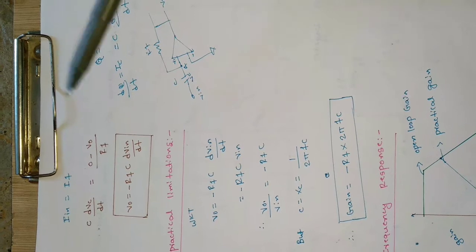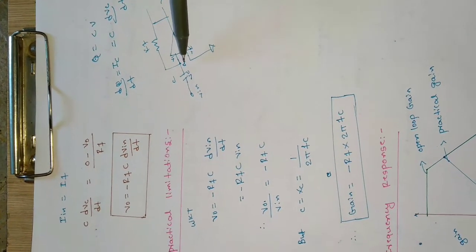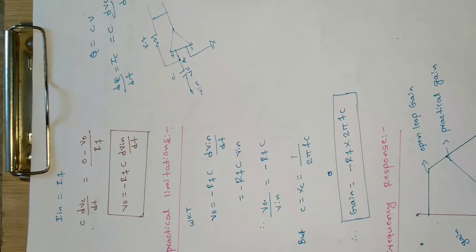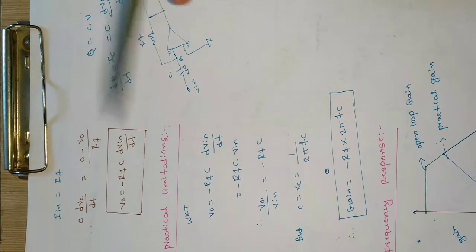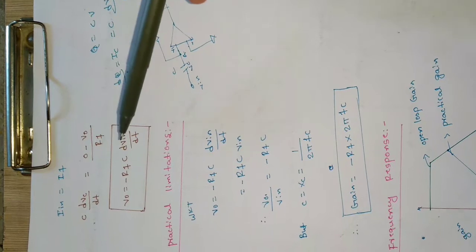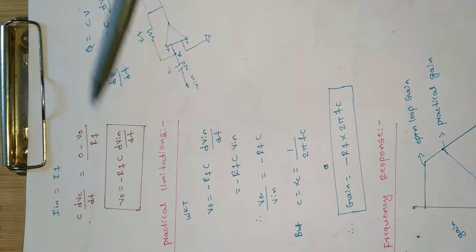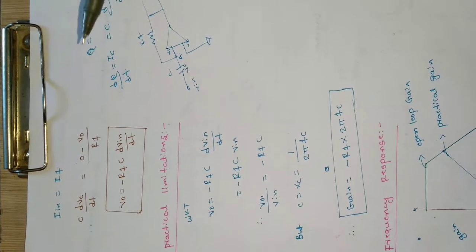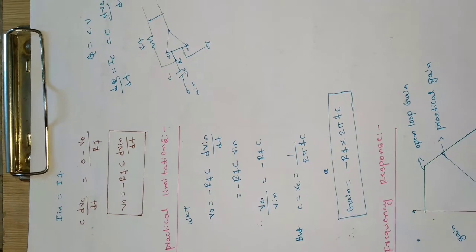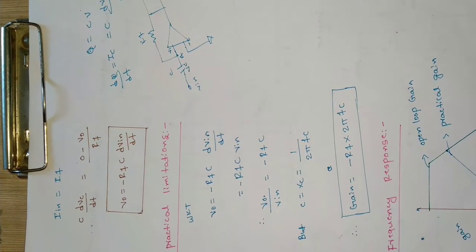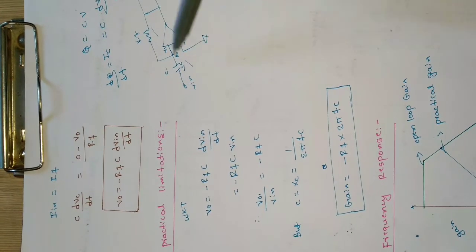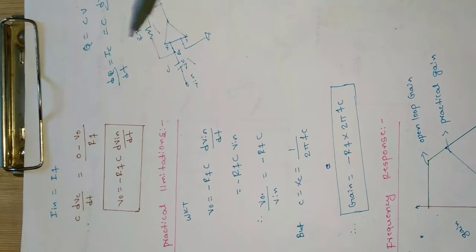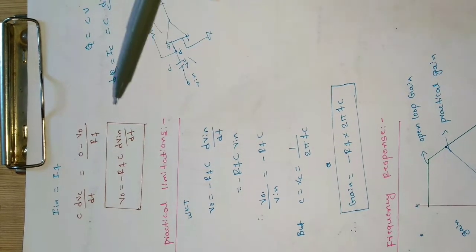Here the voltage is 0 and here the voltage is V0. So 0 minus V0 divided by the feedback resistance R_F. When you rearrange for V0, it will be equal to minus R_F into C dV_in by dt. This indicates the output voltage depends mainly on two factors, the feedback resistance and the capacitance we are using at the input, and of course the input voltage.